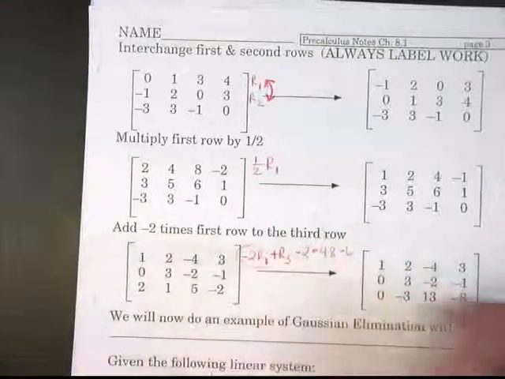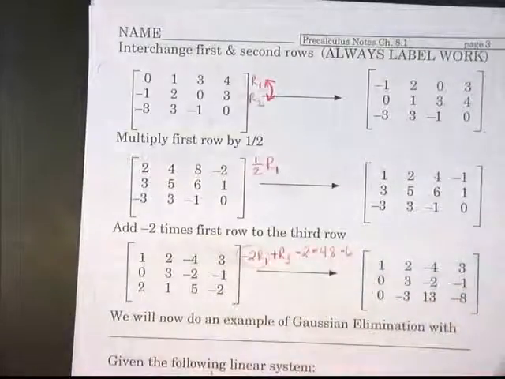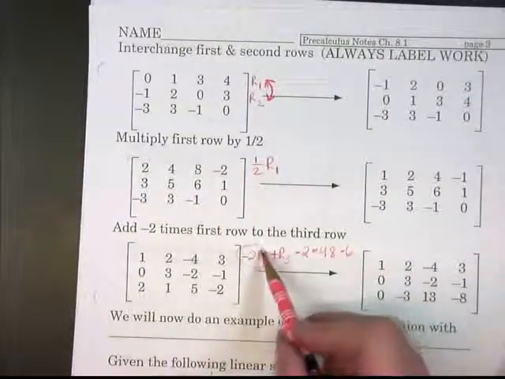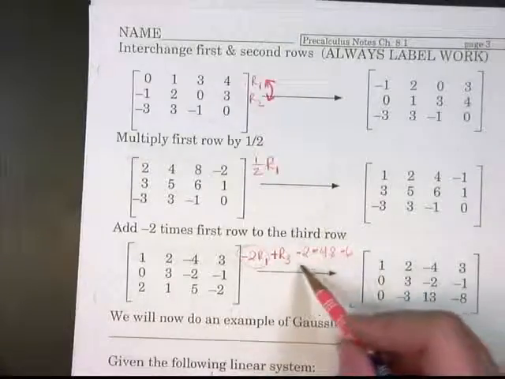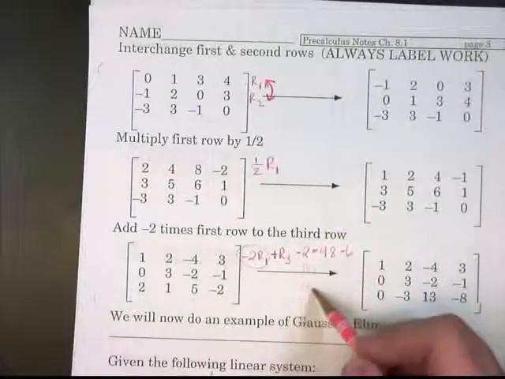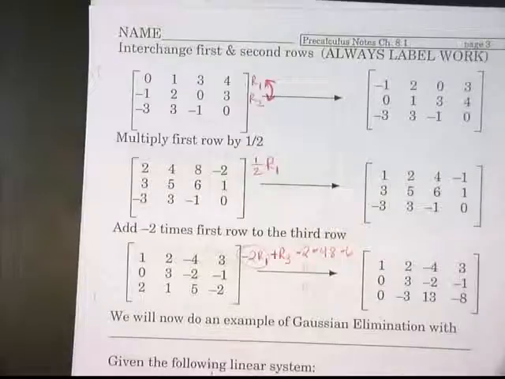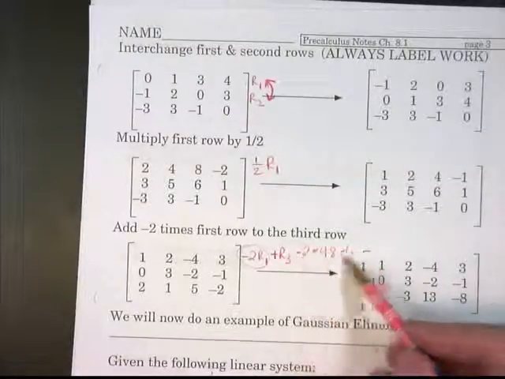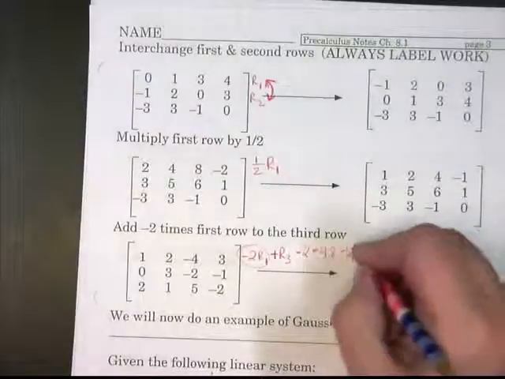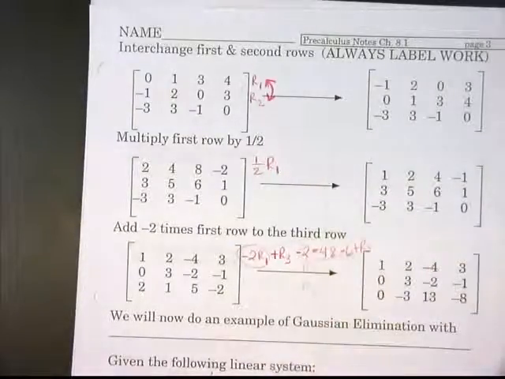On the notes here, they kind of skipped that step. You would have multiplied by the -2, and you would have left row 2 and row 3 alone. Then you're going to take this and add it to row 3.